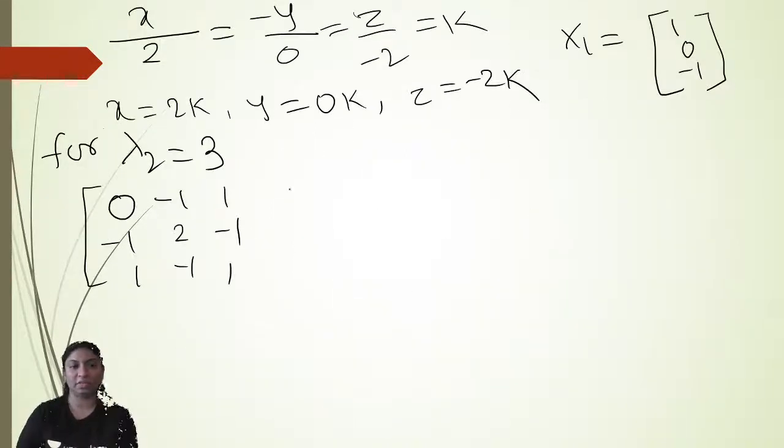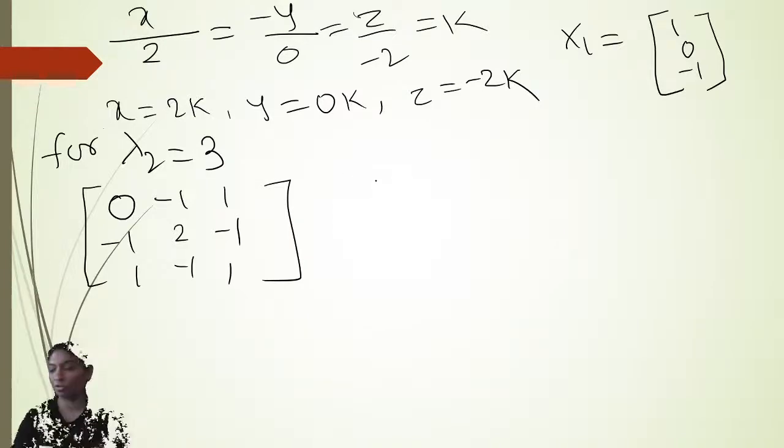Now we can find the eigenvector for lambda 2 is equal to 3.